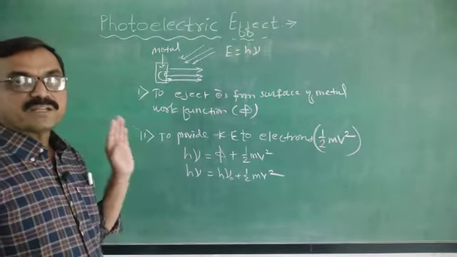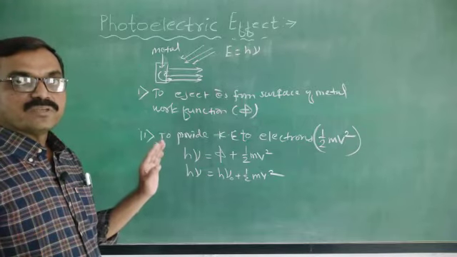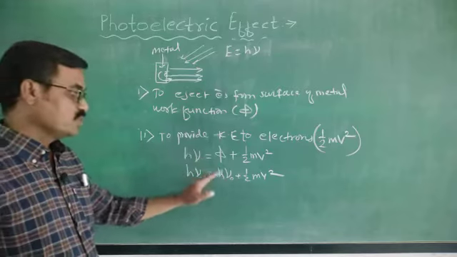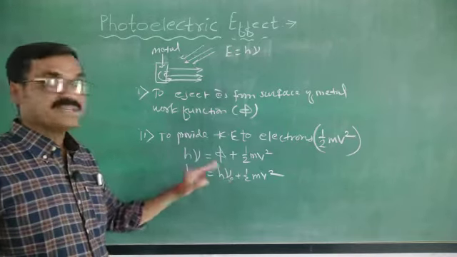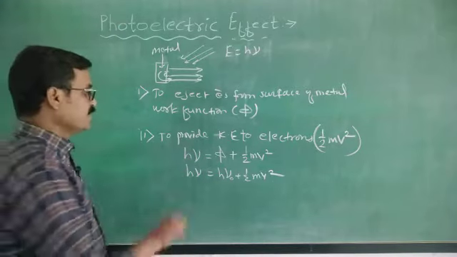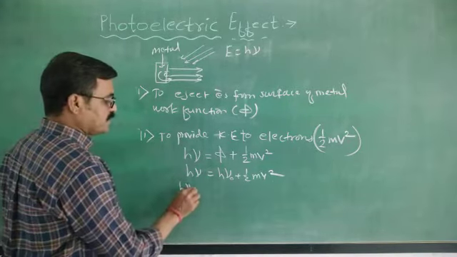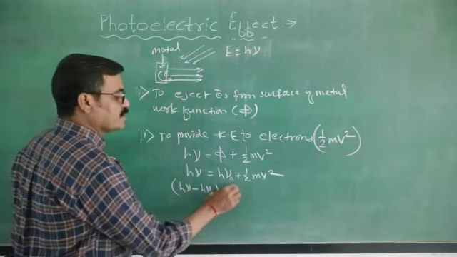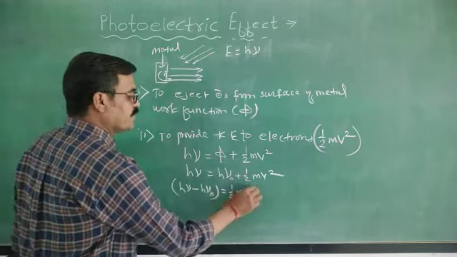Work function is nothing but the energy which is required to eject the electrons from metal surface, and since it is energy, it is equals to h nu 0, where this nu 0 is the threshold frequency of that metal. Very important. That's why after this h nu minus h nu 0 is equals to half mv square.